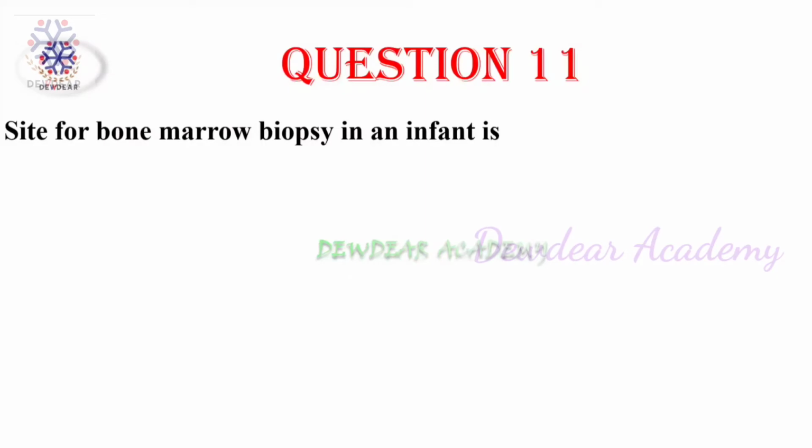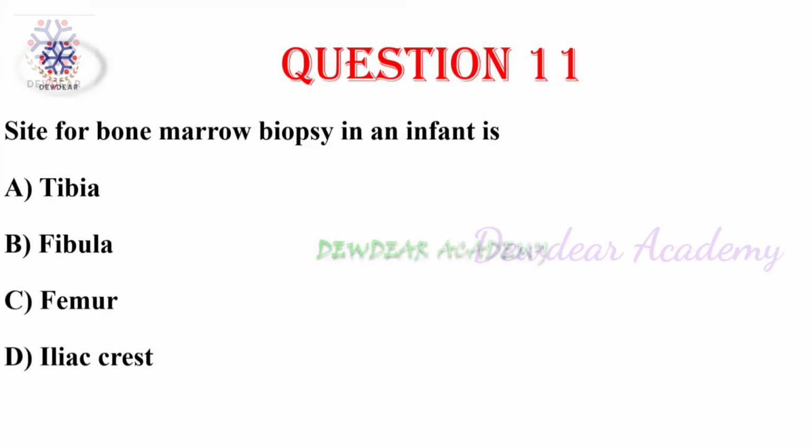Then question number 11. Site for bone marrow biopsy in an infant is. Options: tibia, fibula, femur, iliac crest. Correct answer is tibia. For infants, anterior tibial site is used, and for children, iliac crest is preferred.